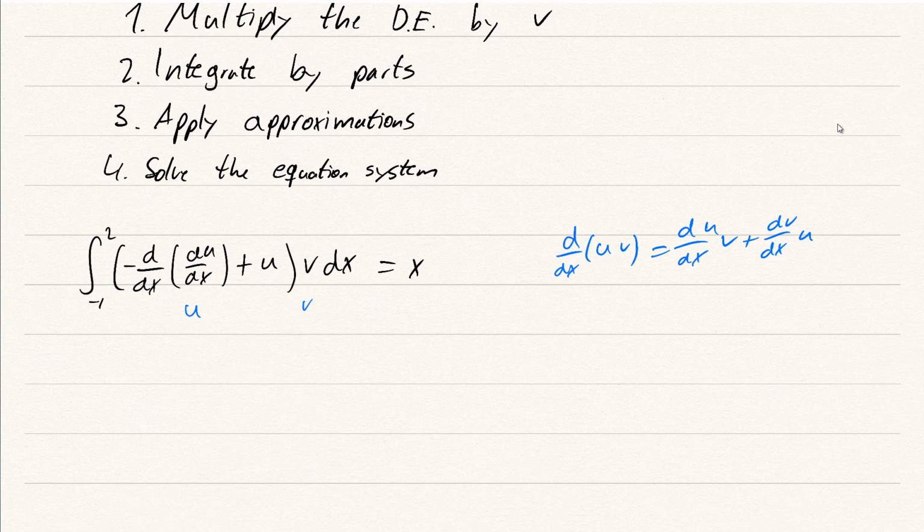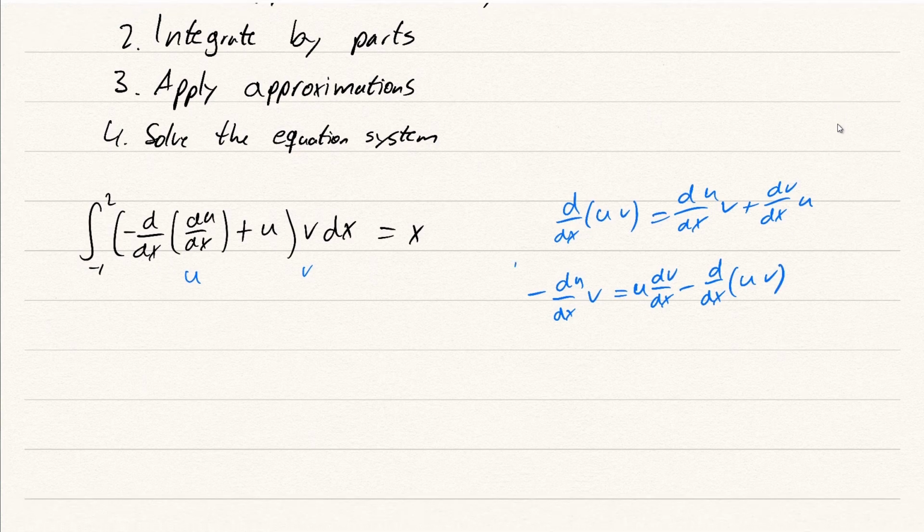Then maybe move stuff around so that we end up with du/dx times v equal to u times dv/dx minus d/dx of u and v. So this is what we want to end up with.